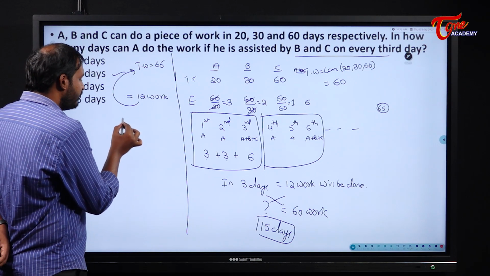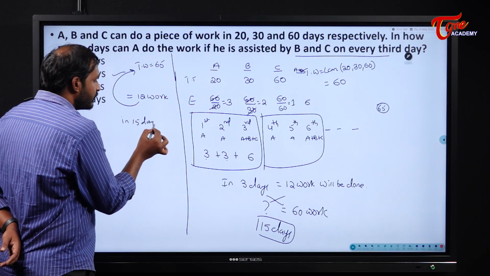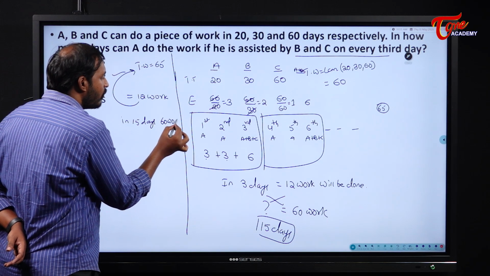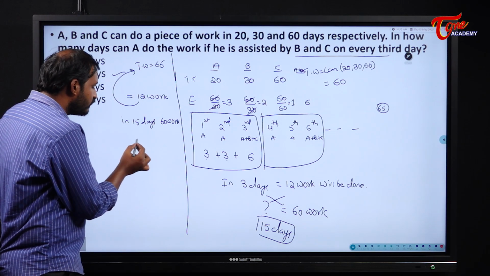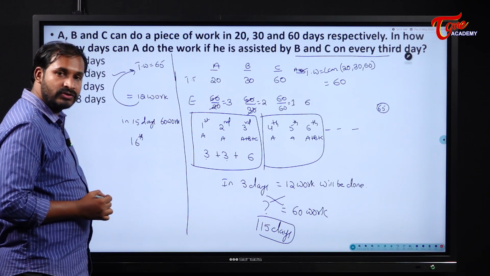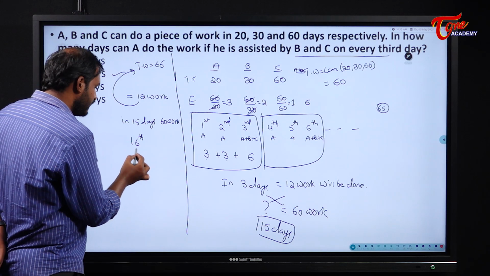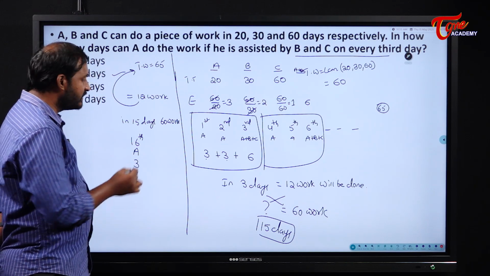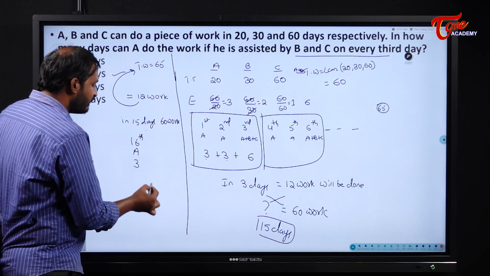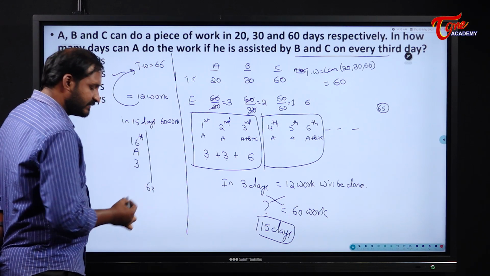That means in 15 days 60 work will be done, and 5 more work is left. Now tell me, who is going to work on 16th day? Once again A. And A will do 3 work. That means 60 plus 3, so after 16 days, 63 work will be finished.